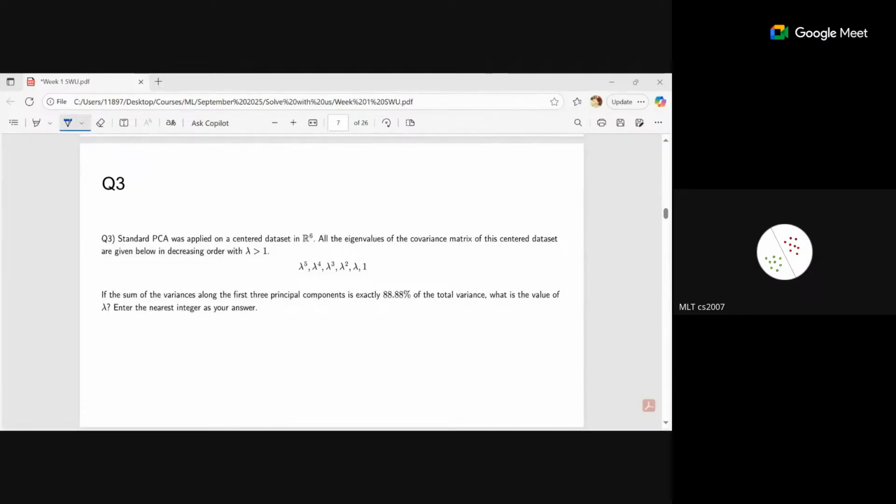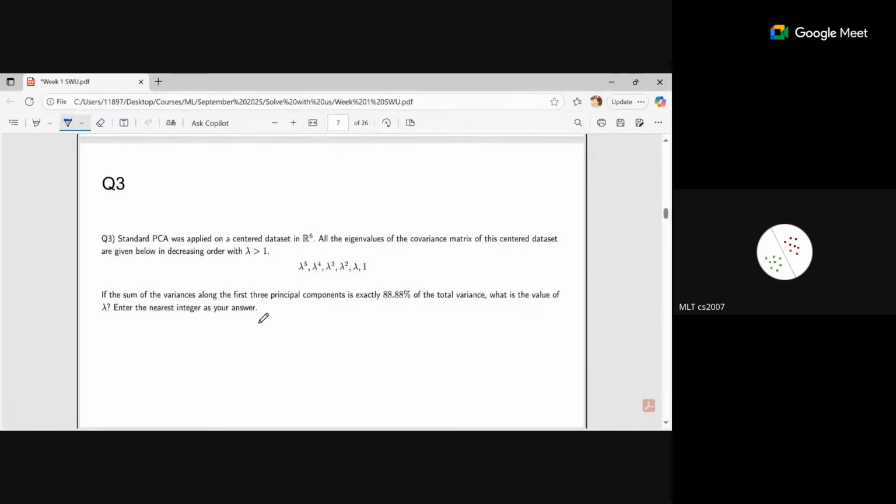Okay, let's see. It's a little tricky, but not very difficult. What is given in the question is that you have a data set in R6, and you have applied the standard PCA on that. For this centered data set, you have this covariance matrix and you have found the eigenvalues for it.